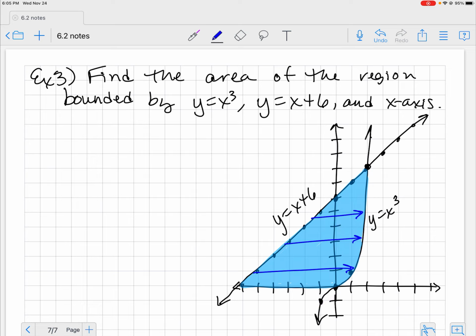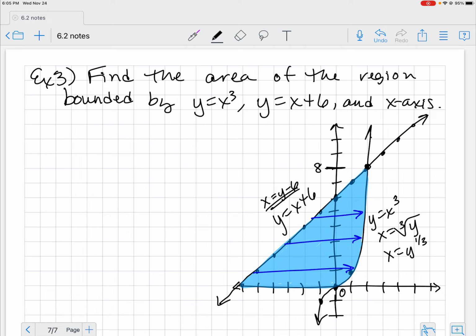However, if I am going around this axis, the y-axis, this is an 8, obviously down to 0. That's a 0. If I'm going around that y-axis, that means my variable has to be in terms of y. So I solve for x. X is equal to y minus 6. X is equal to the cube root of y, or y to the 1/3, right?